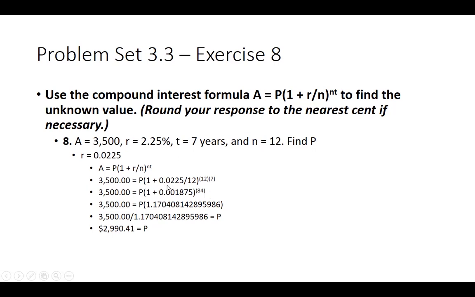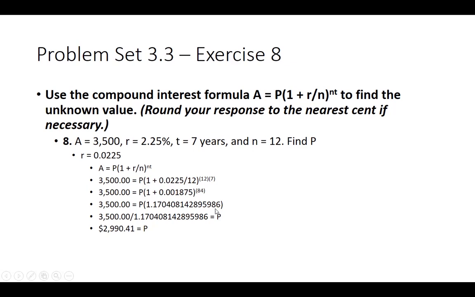Go to our division. 0.0225 divided by 12 gives us 0.001875. Keep that in the calculator and add 1 to it. Keep that in the calculator and raise it to the 84th power. And you get this string, 1.170408142895986.